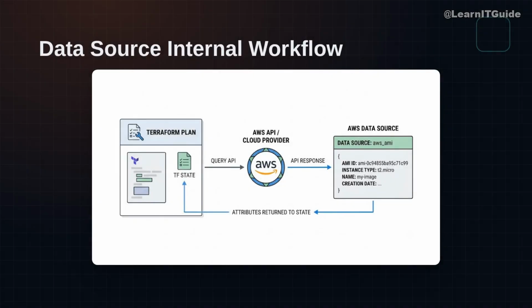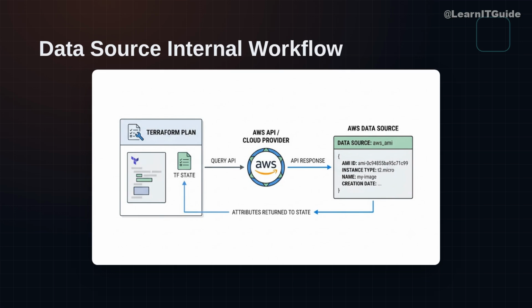Now let us talk about how this works internally. When you run a plan, Terraform does not just compare your code to the local state file. It actively reaches out to the cloud provider API. If you have a data source defined for a VPC, Terraform asks the API, give me the current VPC details that match this tag.